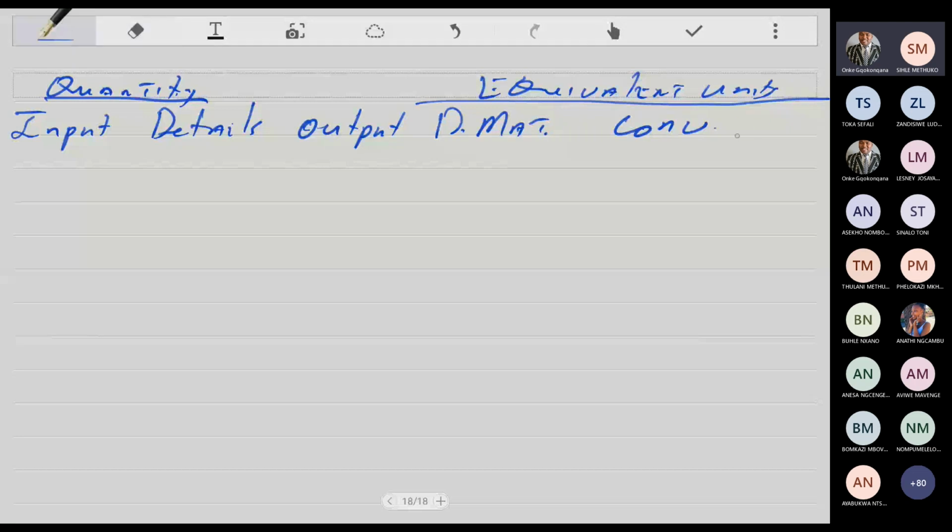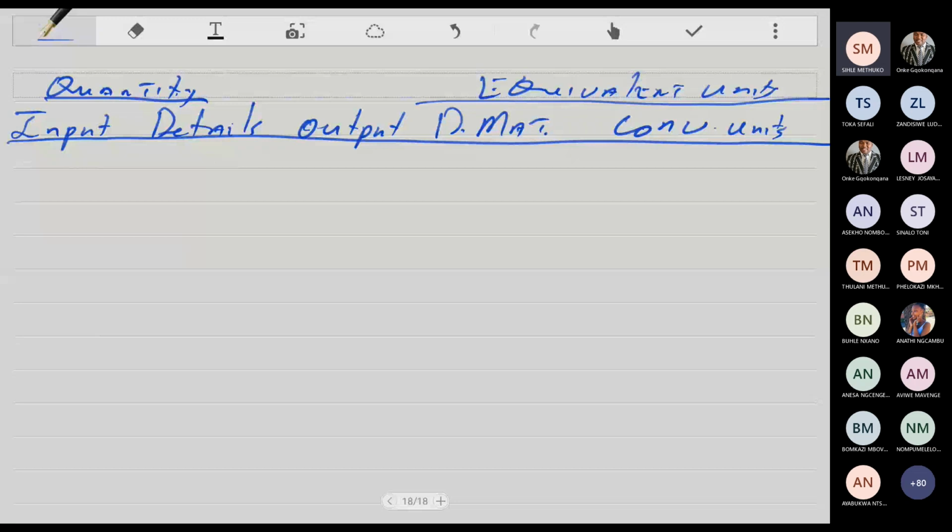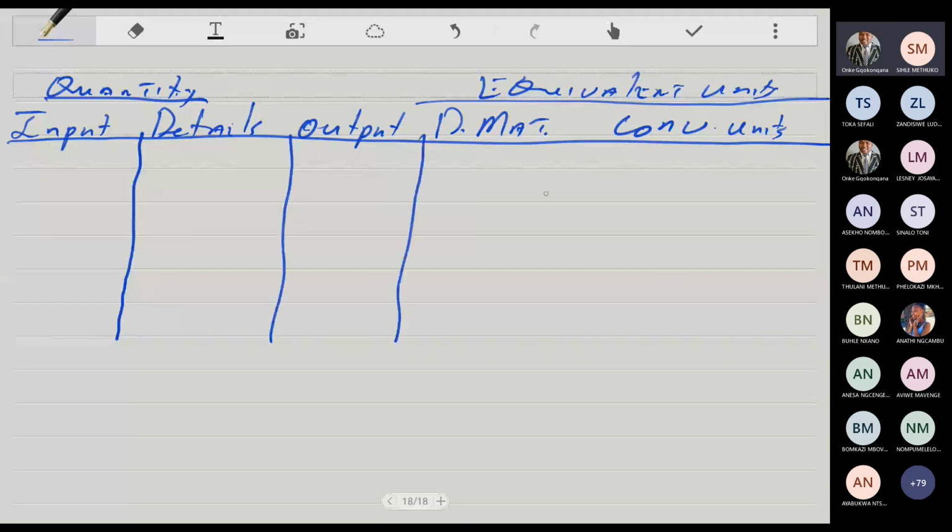Now I want to say conversion cost and your conversion units. You can have cost and quantity in a quantity statement, guys, and because the word quantity means units, there must be no cost there at all. And remember to have that small column for the percentage, because it's very important to indicate.